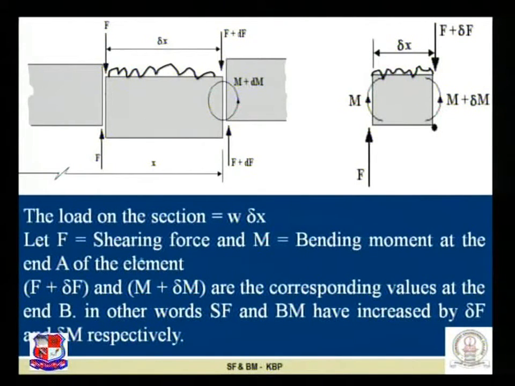Let F be the shear force acting at section A and M the bending moment at the same section. Then F plus delta F and M plus delta M are the corresponding values at end B. In other words, the shear force and bending moment have increased by delta F and delta M respectively.